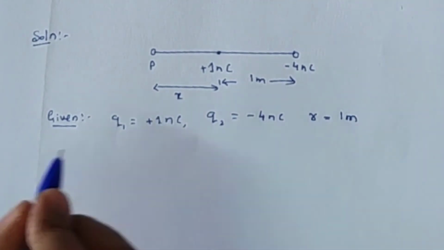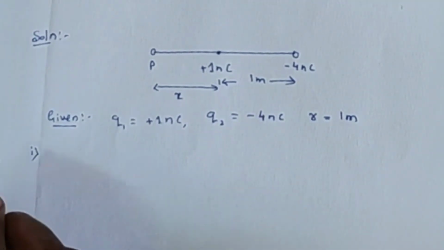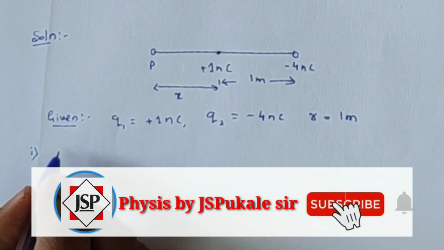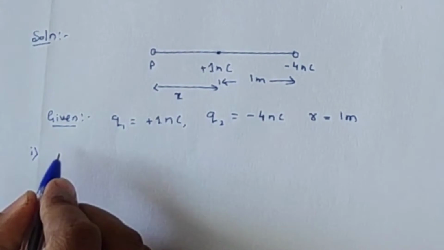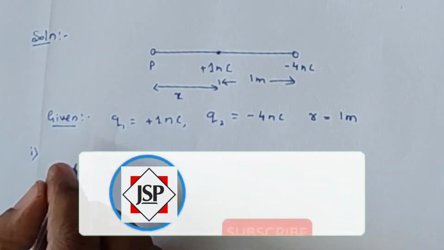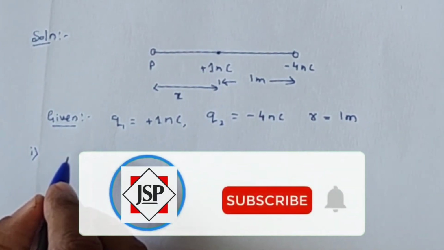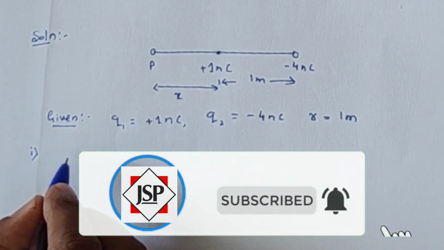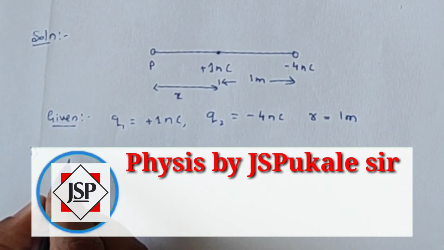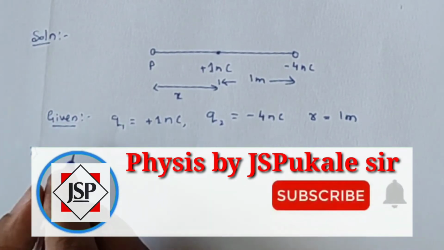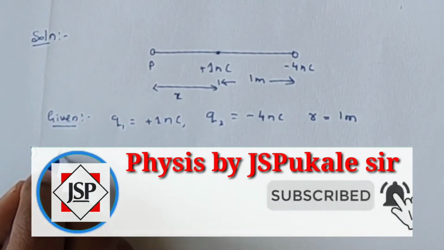Okay, so the first point: let x be the distance of a point P from Q1 where the resultant potential is 0. So here it is outside the line joining the two charges, we are taking. This is Q1, this is Q2.